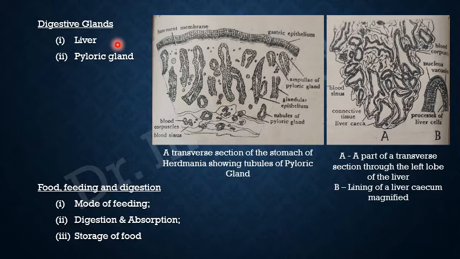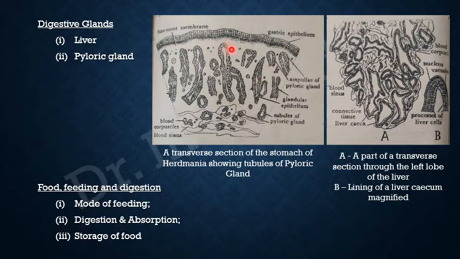Now when you see the pyloric gland, you can see the diagram over here. It is a transverse section of the stomach of Herdmania showing tubules of pyloric gland. On the outer surface, these are the ampullae of pyloric gland.